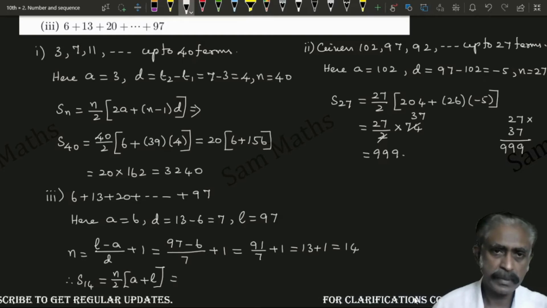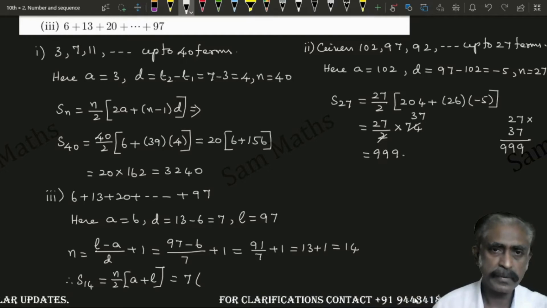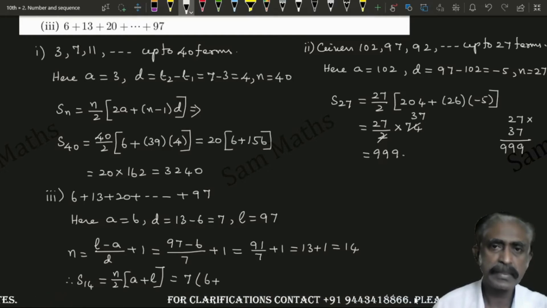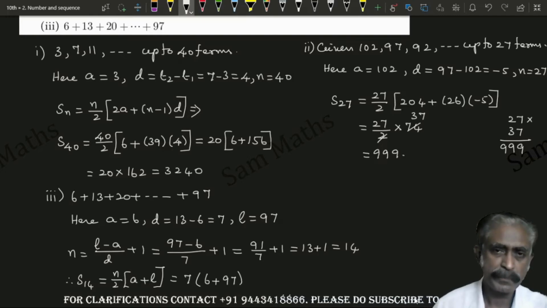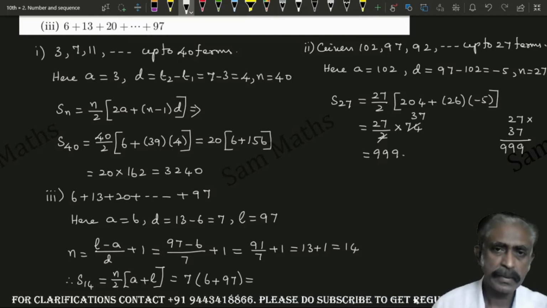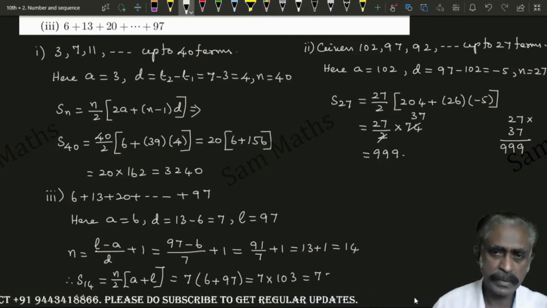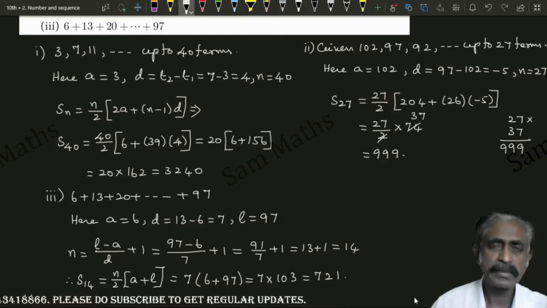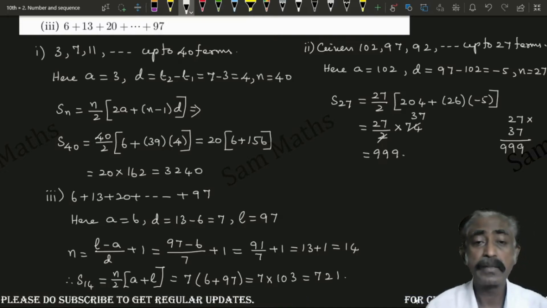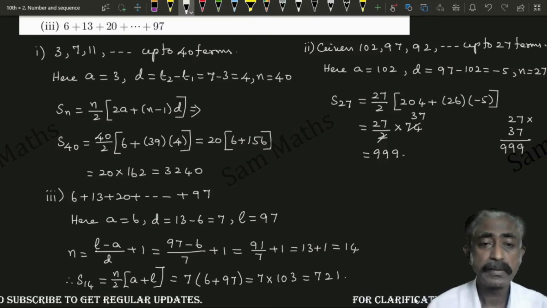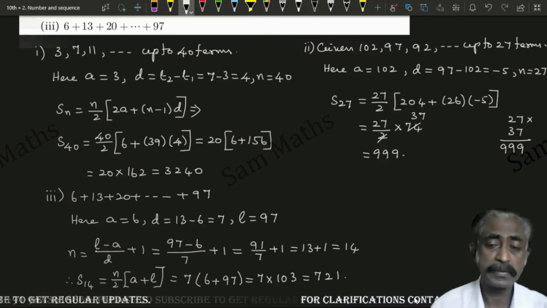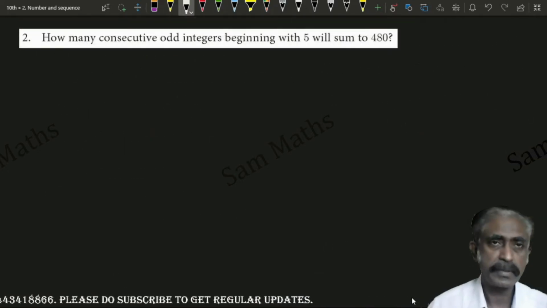N by 2, that is 14 by 2, is 7, 7 into (6 plus 97), which is equal to 7 into 103, that is equal to 721. This is the required sum of 14 terms.